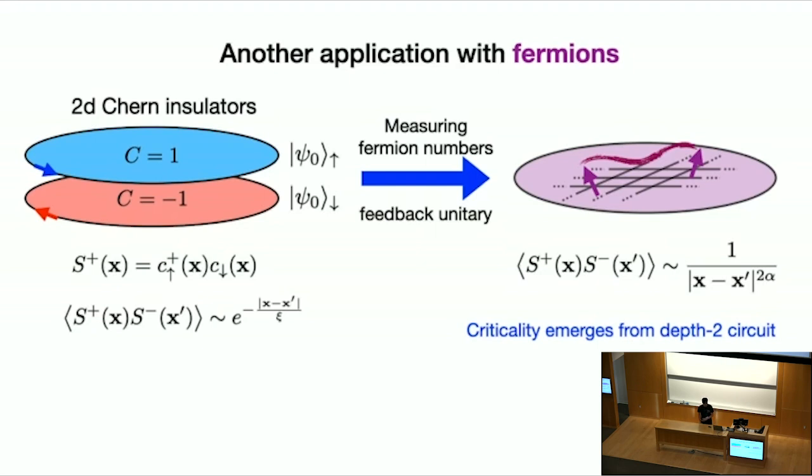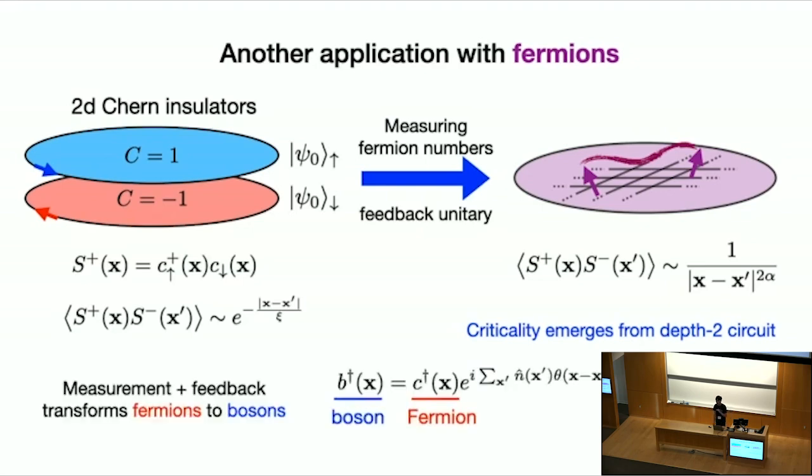Because initially it's an exponentially decaying correlation function, but now it's 1/r to some power, an algebraic decay. So that is a striking example of what you can achieve with fermion measurement. I want to skip the details, but as I mentioned before, when you do measurement and feedback, that can be regarded as a non-local unitary. And that is the unitary that can transform between bosons and fermions. So that is a secret ingredient behind these kinds of protocols.